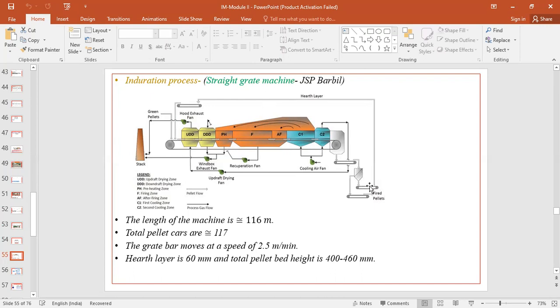After screening, the required size, whatever is sufficient for charging the pellets into the blast furnace, is taken, and the undersize or oversize is again sent for the hearth layer.